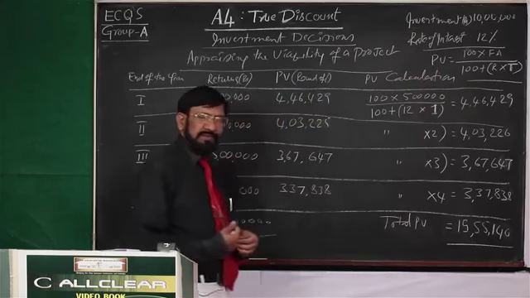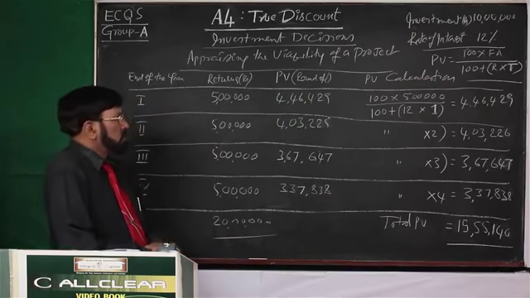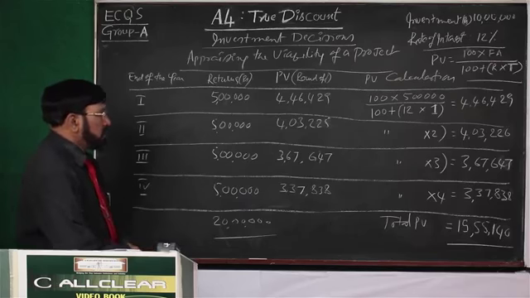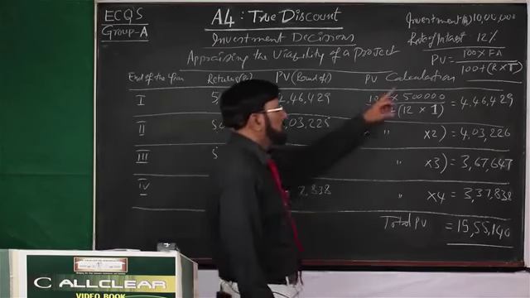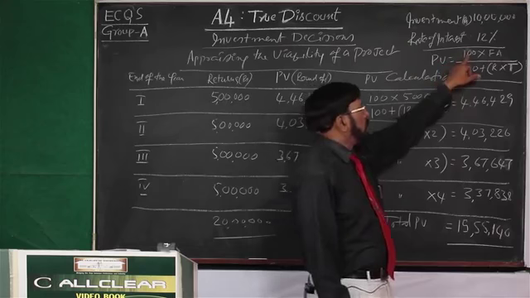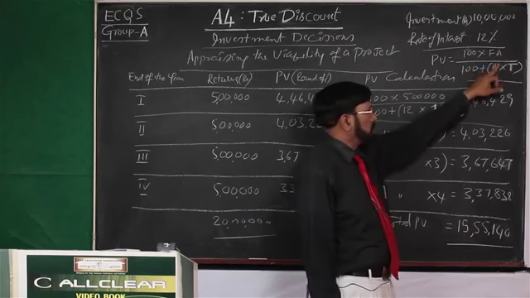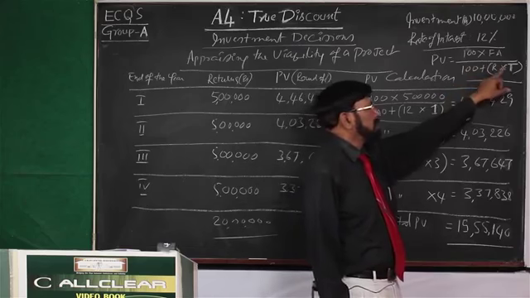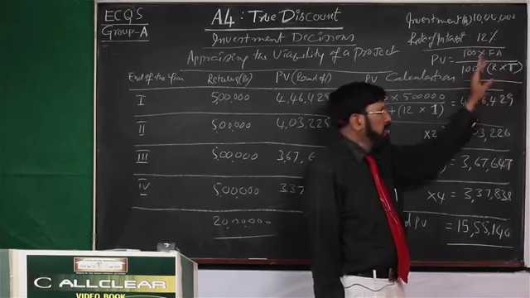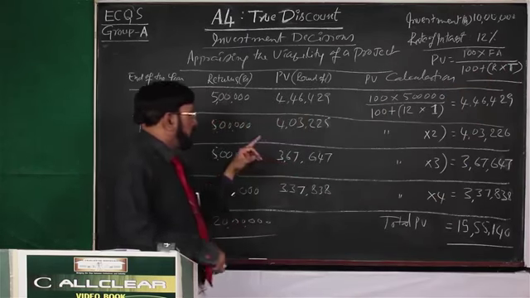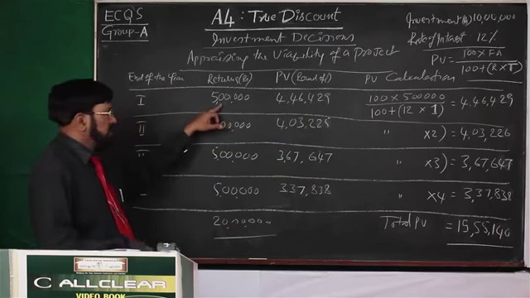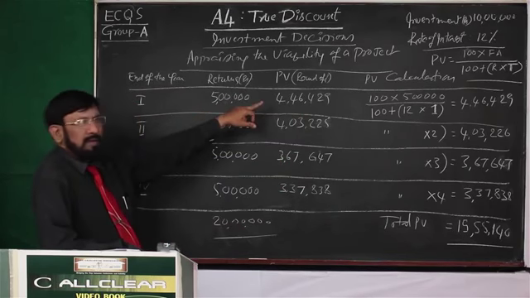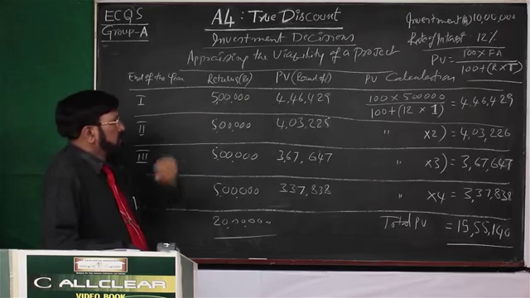Now, in this example, we have taken rate 12%. Using the PV formula, you know that PV is equal to 100 into future amount by 100 plus rate into time. According to this formula, for all these future returns, we find out the present value.